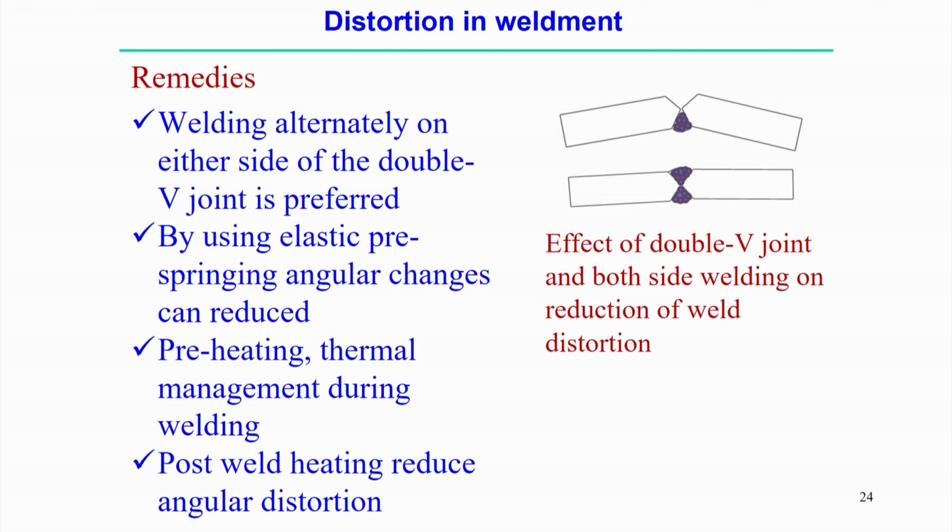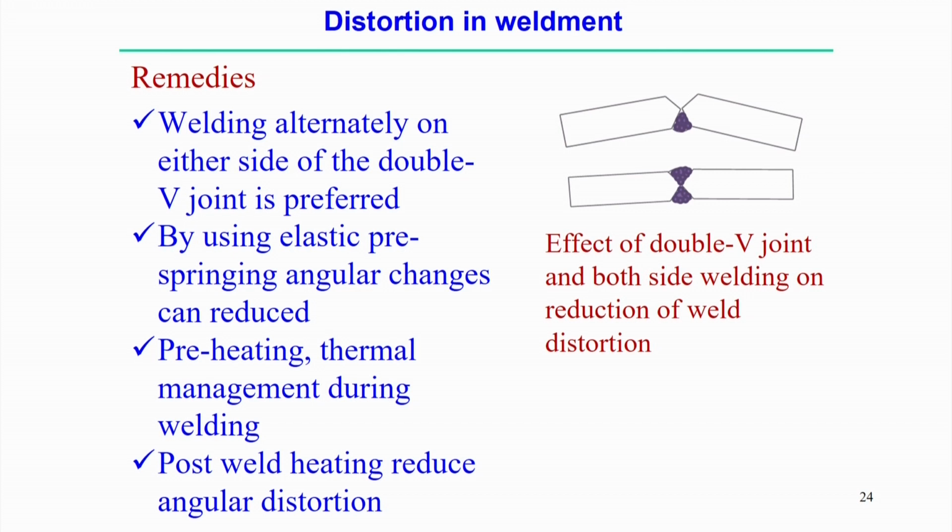In this case, if a similar oil pool volume can be placed on both sides of the plate, then it will neutralize or reduce the amount of the angular distortion. It is very obvious from this figure.